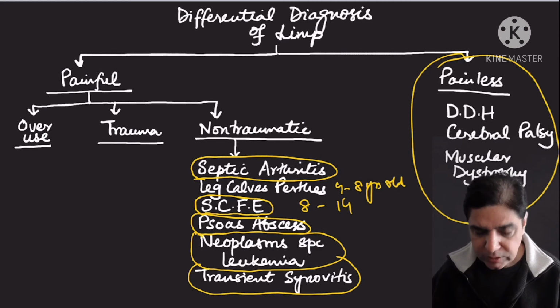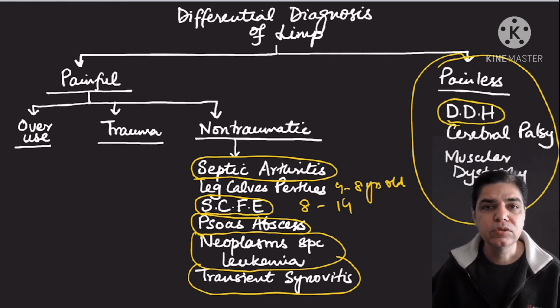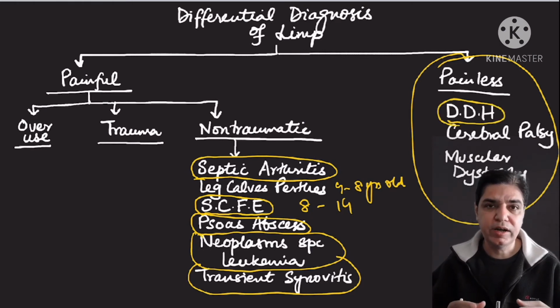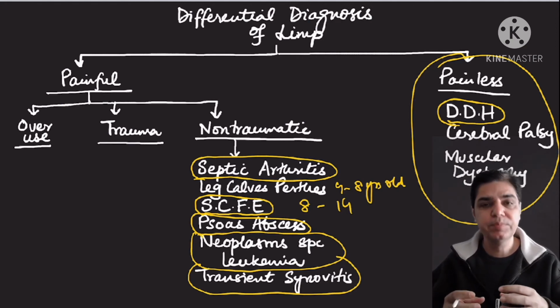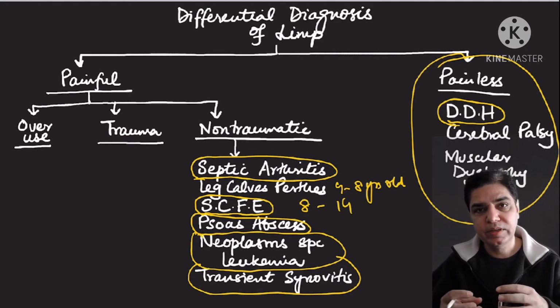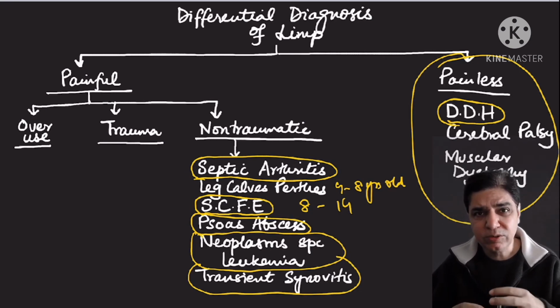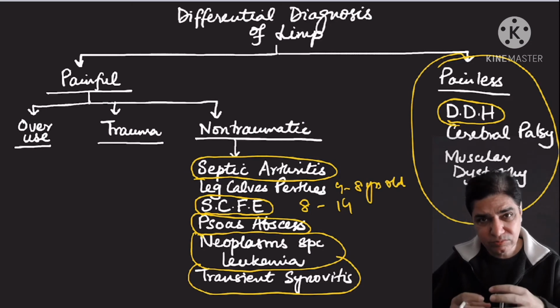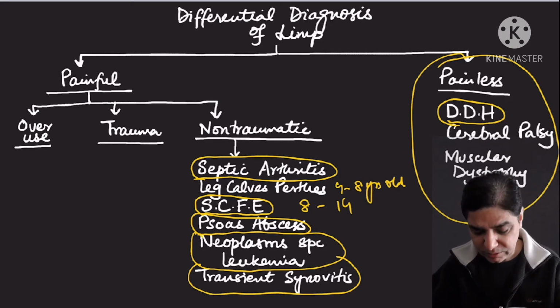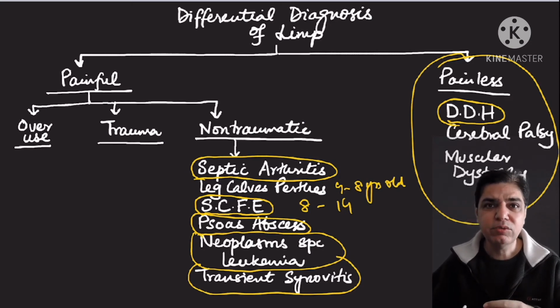Usually the common causes of a painless limp, number one, is developmental dysplasia of the hip joint. If during the child's early development the acetabulum and the femoral head were not properly aligned, and that goes on for some time, then the joint is misformed, and those kids would usually have length discrepancies and a waddling gait.